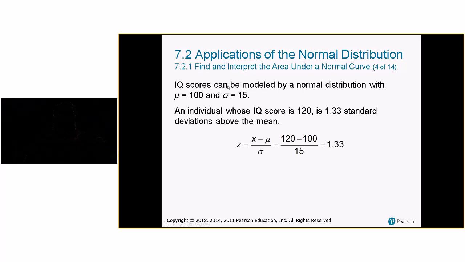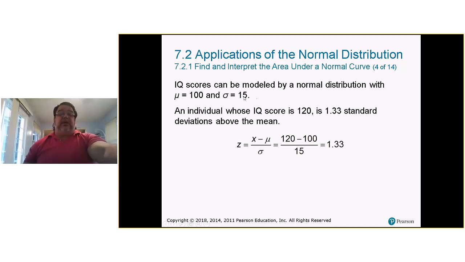Draw the curve. So when you see mean 100 and standard deviation 15, draw the curve because they're going to ask you something about that curve. Not right now, but they're going to ask you more about the curve here in just a few minutes. We're fixing to get into it.